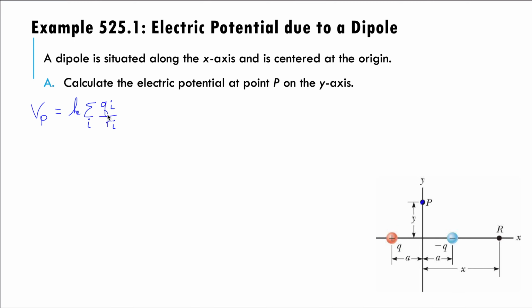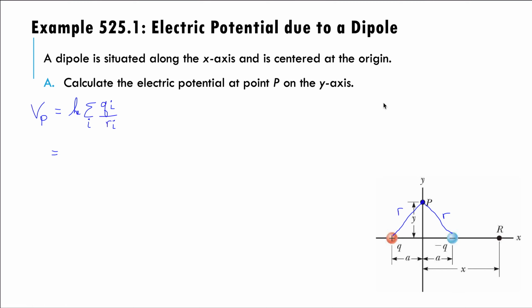So we know from the equation that we need the distance r between the charge and the point. That's going to be our distance r, which does happen to be the same for both charges since point P is immediately above the center. So let's go ahead and find that distance.